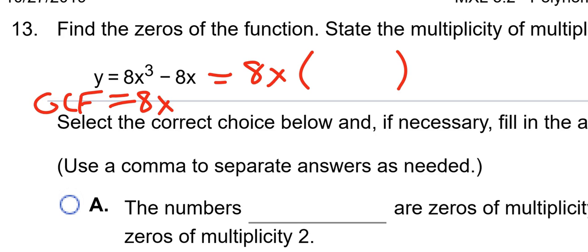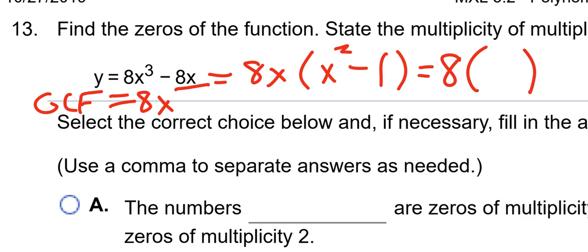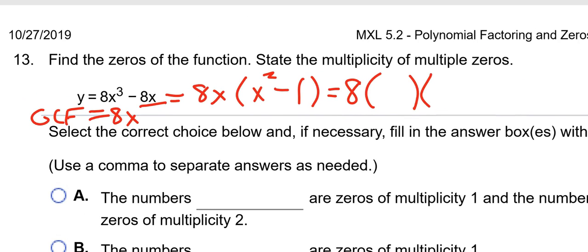It is x squared minus what? It's not minus nothing. Minus 1. Can that be factored further? Okay, then do it. Factor it further. It can be factored further.